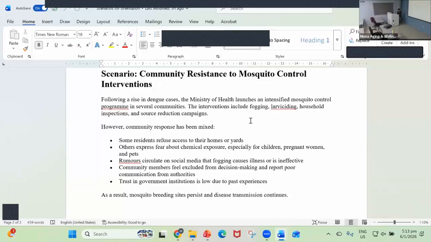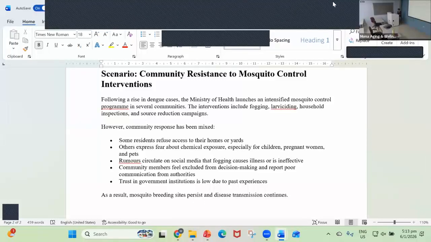Others express fear about chemical exposure, especially for children and pregnant women and their pets. Rumors circulate on social media that fogging causes illness or that it is ineffective. Community members feel excluded from decision-making and report poor communication from authorities. Trust in government institutions is low due to past experiences, and as a result, mosquito breeding sites persist and disease transmission continues.